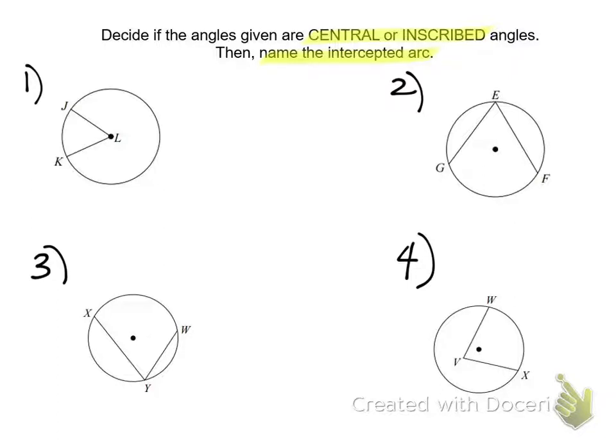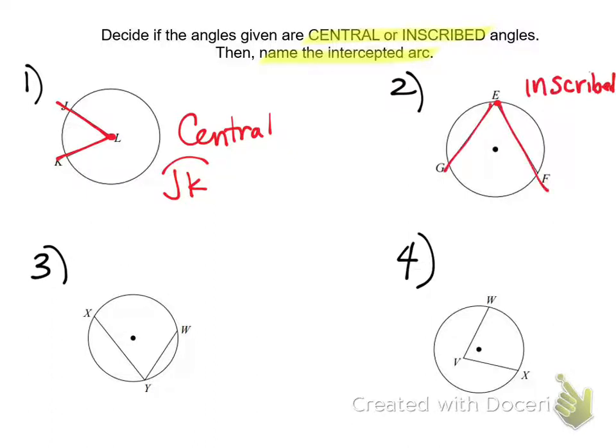I'm recording, so I'll do the first 3. Where's the vertex on the first one? Yes, the center, which makes it central. And it intercepts arc JK. Number 2, where's the vertex? On the side, which makes it inscribed. And then it intercepts GF. 3, the vertex is on the side, and it intercepts, so it's inscribed.